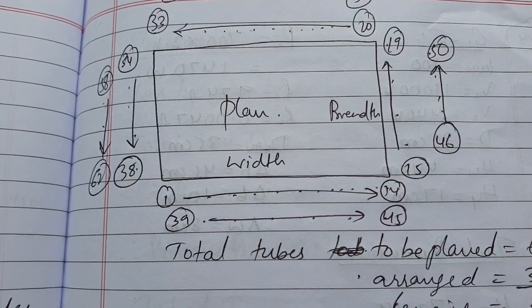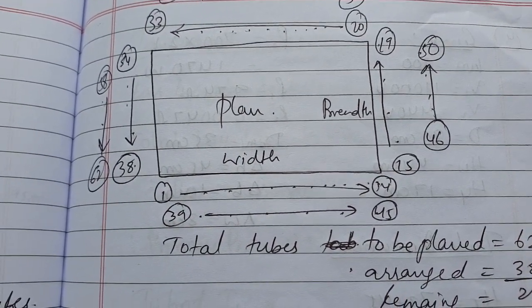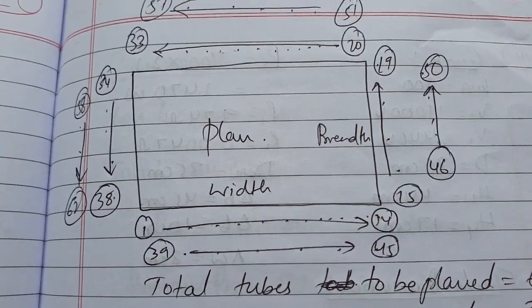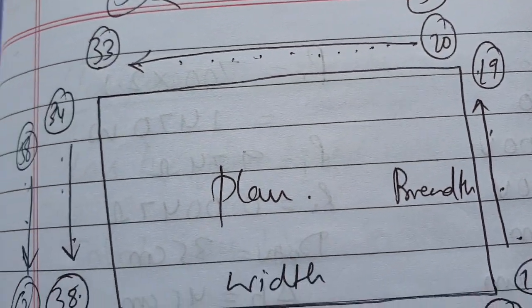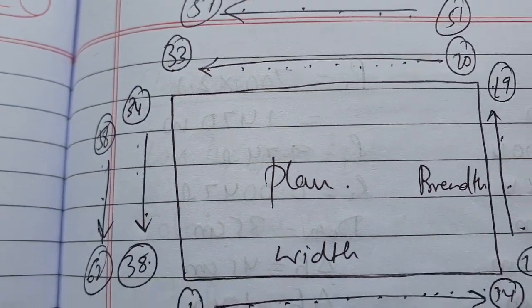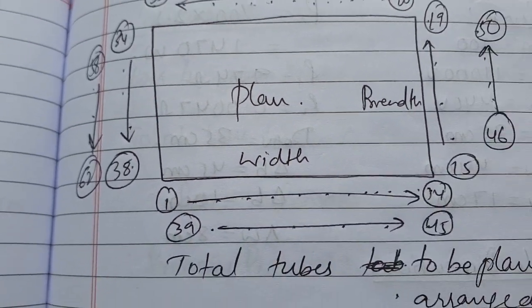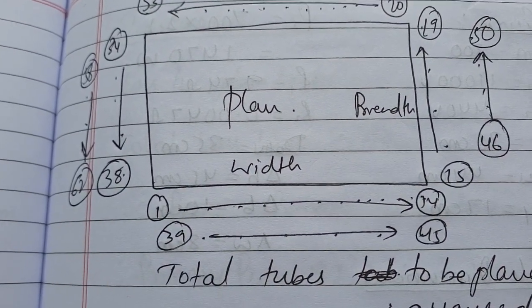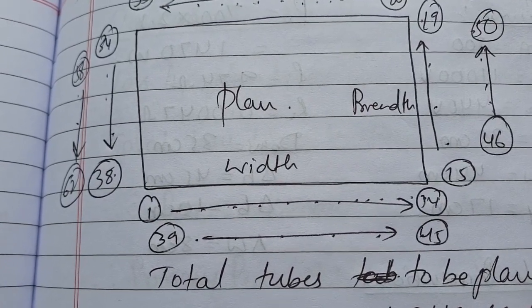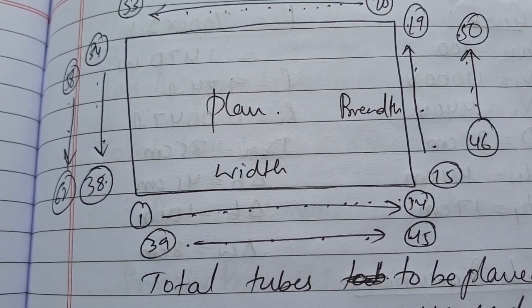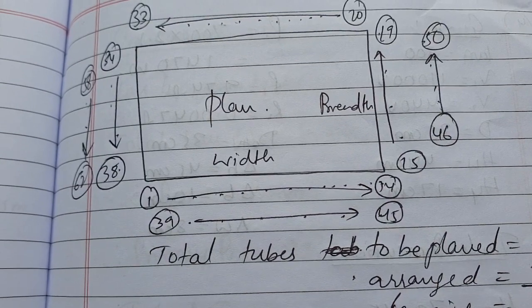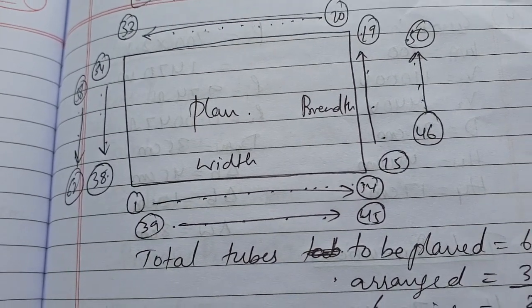Along the breadth we are going to place 5, that is number from 15 to 19. Then along again width 20 to 33, and then next along the breadth 34 to 38. The total number of cooling tubes required are 62, but so far we have used only 38. It means that we have to go for second row arrangement also.